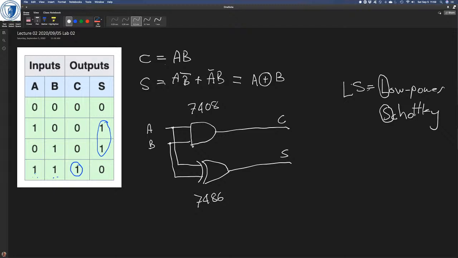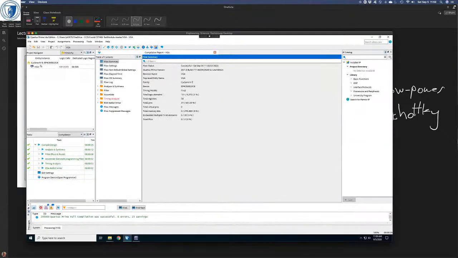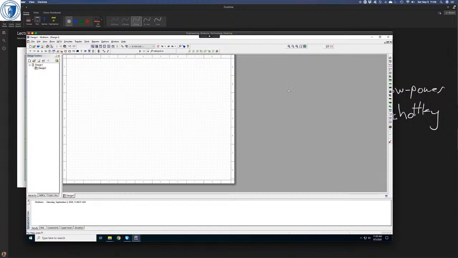okay, somebody asked how we do this in Multisim. So let's do that. I don't know if I can make that size bigger. So let's just call this, can I rename it?